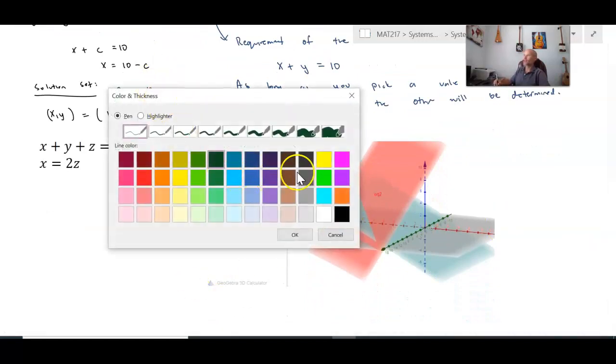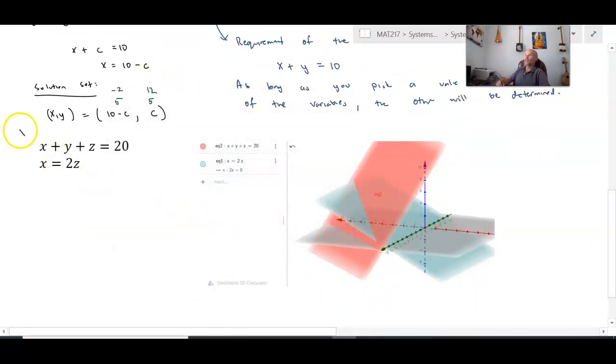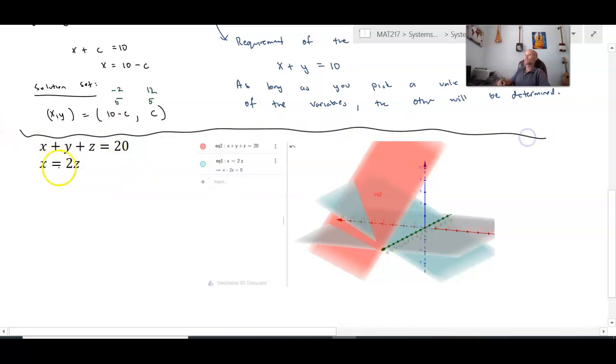Now we're in 3 dimensions. And here we have the system of equations x plus y plus z equals 20, x equals 2z. We don't know how many solutions this will have just based on the appearance of these two equations, but we take a look at the graph and we can see that these are two planes that slice through each other, and notice that their intersection points fall along a continuum.